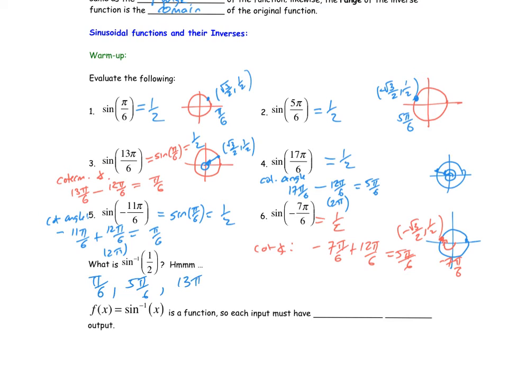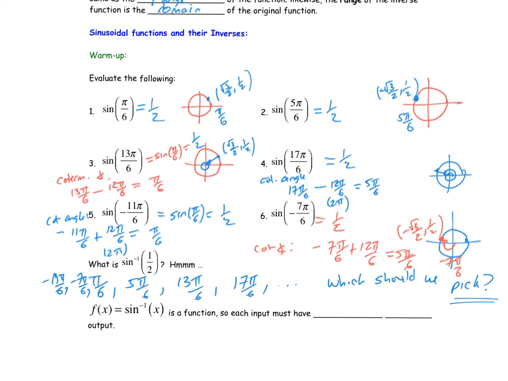Is it 13 pi over 6, or 17 pi over 6, or negative 11 pi over 6? Is it negative 7 pi over 6? Or we could go on forever, right? So which should we pick? That's the question. What is sine inverse of 1/2?